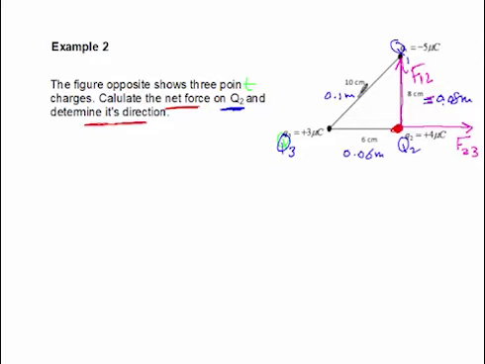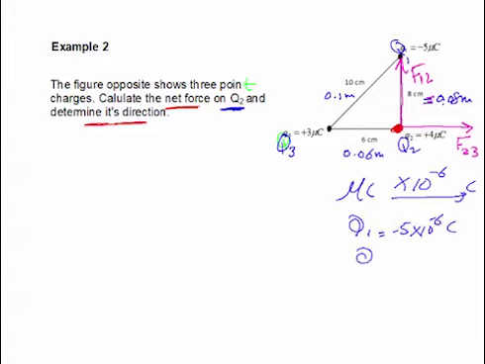Let's come to the Qs. Our Q is here in microcoulomb. We have to convert microcoulomb to coulomb by multiplying by 10 to the minus 6. So Q1 should be minus 5 times 10 to the minus 6 coulomb. Q2 is 4 times 10 to the minus 6 coulomb. Q3 equals 3 times 10 to the minus 6 coulomb.